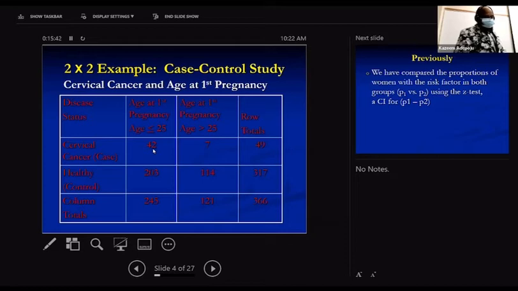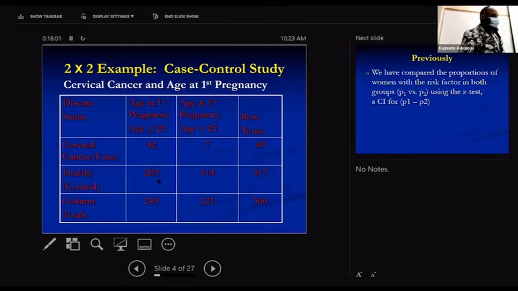What is the totality of those who developed cancer? 49. 42 from those who had pregnancy early, and 7 from those who did not have pregnancy early.